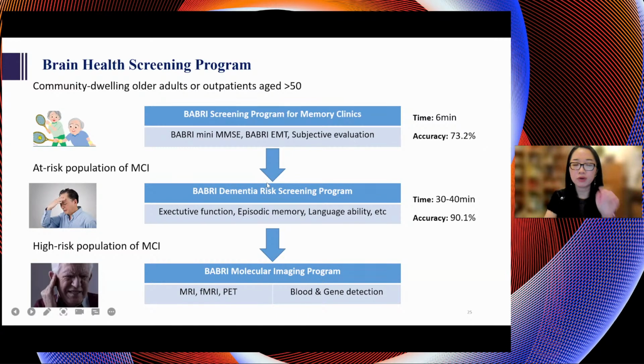The second level we call the BABRI dementia risk screening program, which takes around half an hour, to assess executive function, episodic memory, language ability, etc. And for the high-risk population for MCI, we collaborate with hospitals. We send our elderly people to the hospital to collect imaging data, and also blood and gene detection, for the imaging programs.